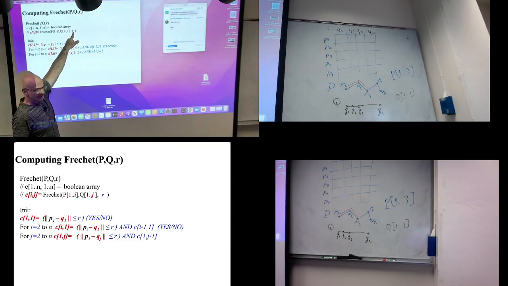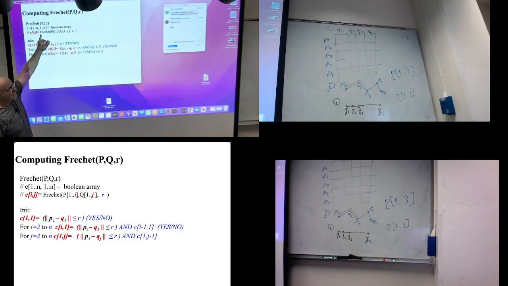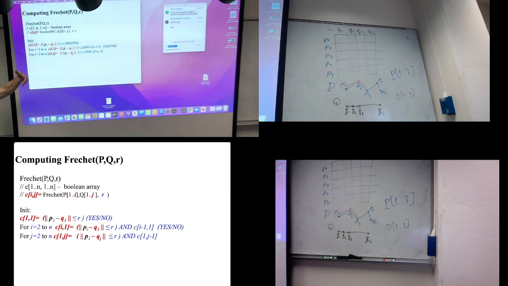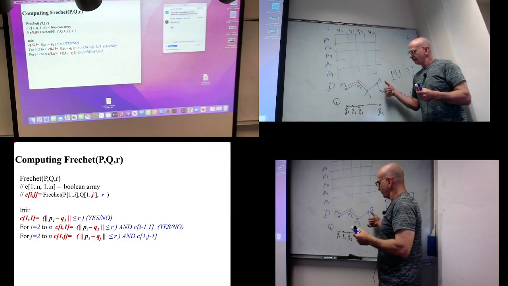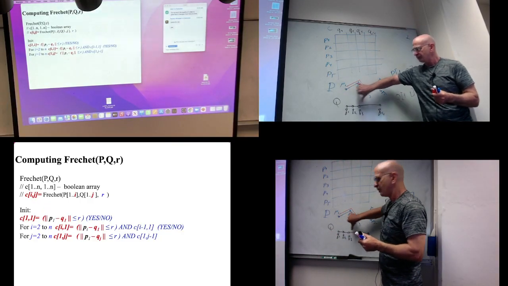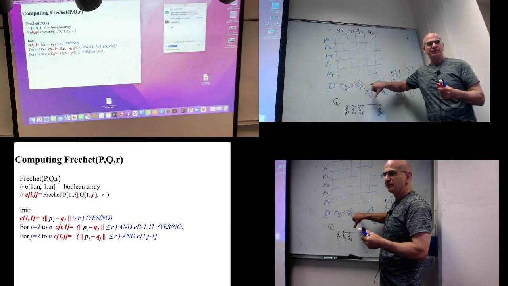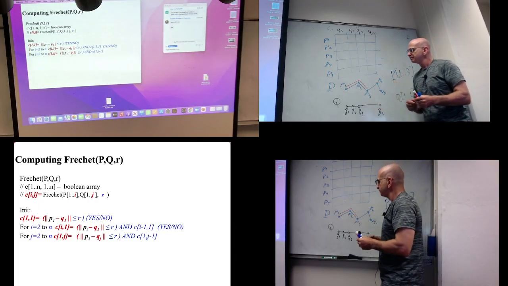R is 17 meters, the same 17 meters that we saw earlier. Frechet is a Boolean function, a Boolean method. It tells you true or false, yes or no. Cij should contain yes or no, depending on whether the Frechet distance, but not between the whole of P and the whole of Q, you do the whole trip but just between some prefix of P and some prefix of Q.